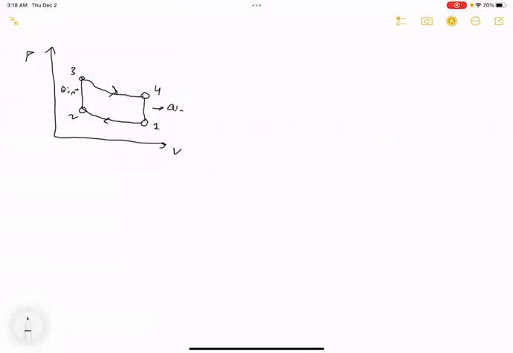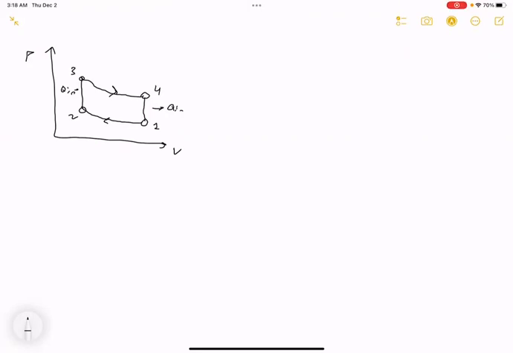Now, we can get started with this problem. So we're told we're starting at state 1. State 1 being 100 kilopascals and 305 Kelvin. And we're asked to find the highest temperature and pressure at any point in the cycle. So we can already know at least where that happens, right?